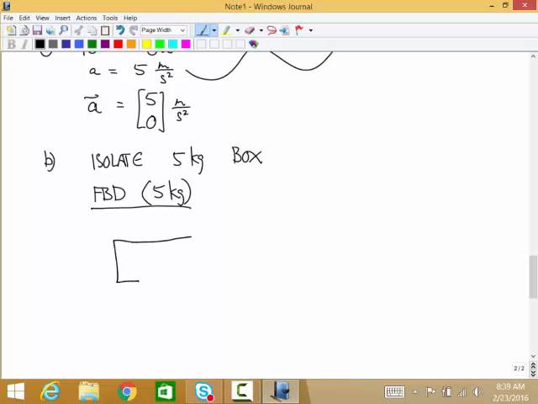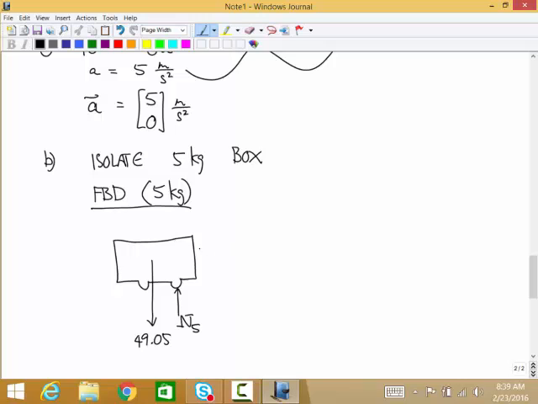Outline of the 5 kilogram box. And then there's the field forces, which is just gravity. That's 5g, or 49.05. Then there's the force that's a pushing contact with the wheel, so it's toward the chosen body, N5.